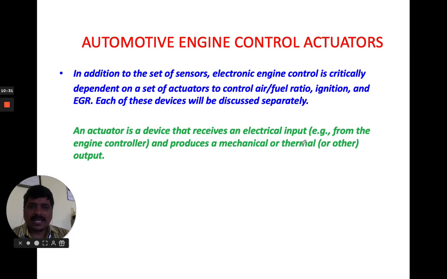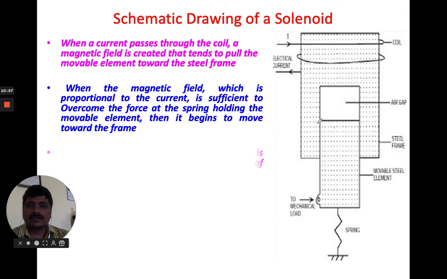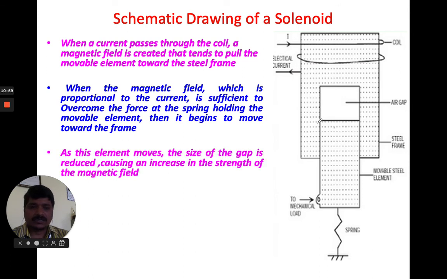As we know, a sensor senses the environment and gives output in the form of an electrical signal, whereas an actuator takes an electrical signal as input and makes a mechanical action or thermal output. Based on that, a very important actuator is the fuel injector. This is the solenoid valve.